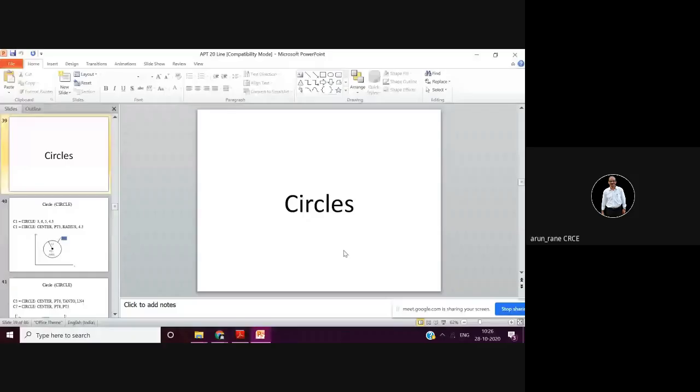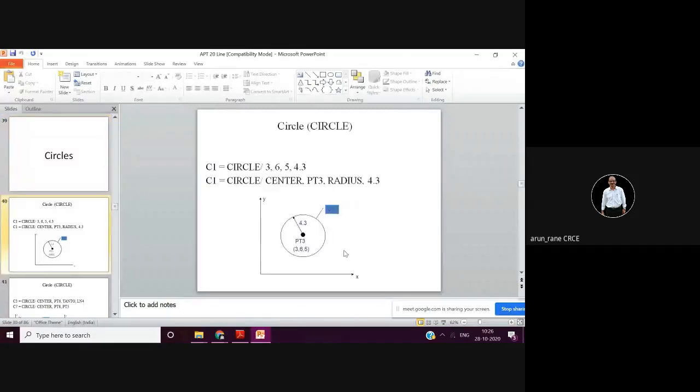So we have seen points, we have seen line, we have seen plane. Now let us see circle. Now this is the simplest way of defining the circle. So the circle is passing through a point.